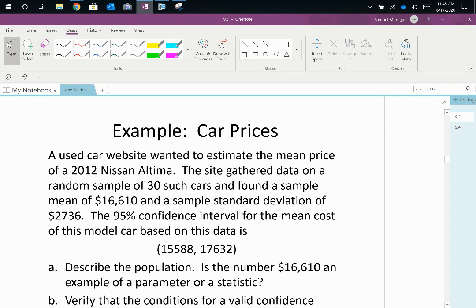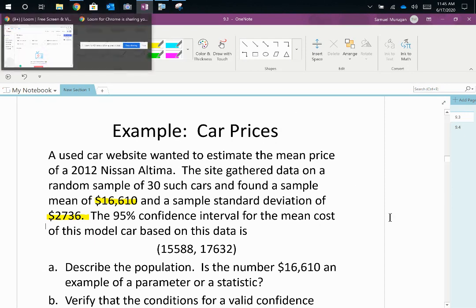Here's an example. A used car website wanted to estimate the mean price of a 2012 Nissan Altima. The site gathered data on a random sample of 30 such cars and found a sample mean of 16,000 and a sample standard deviation of 2,036.